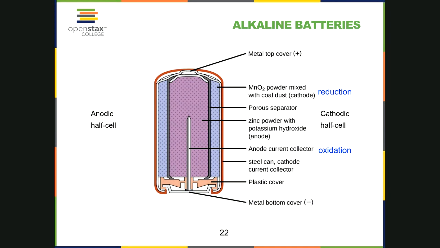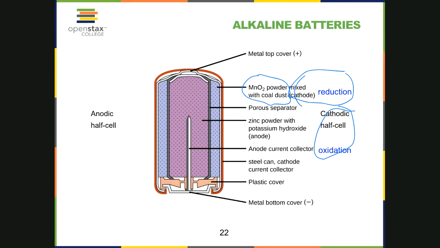So again, we're going to have a cathode where you have the reduction. That's going to be manganese oxide powder mixed with coal dust or carbon. Excuse me, I'm sorry, I'm mixing things up here.